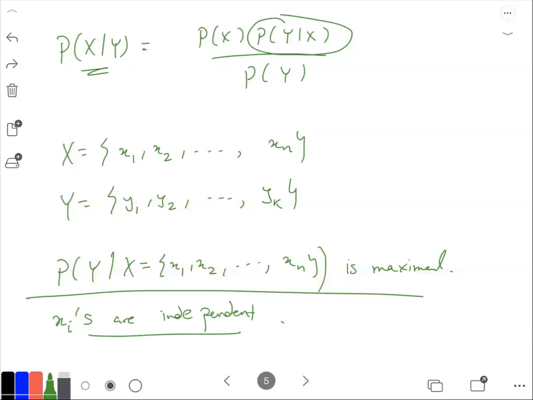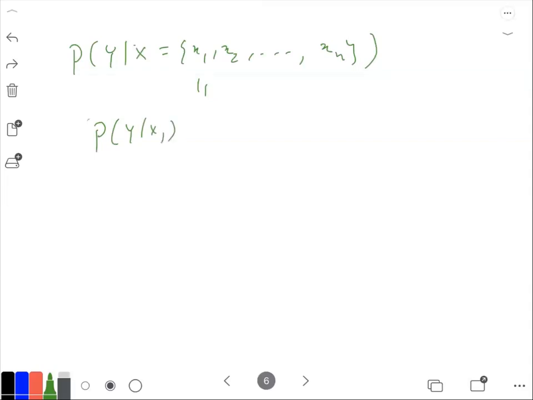So if the xi's are independent, we can say the probability of y given x1, x2, all the way to xn is really just equal to the probability of y given x1 times the probability of y given x2, all the way to the probability of y given xn.